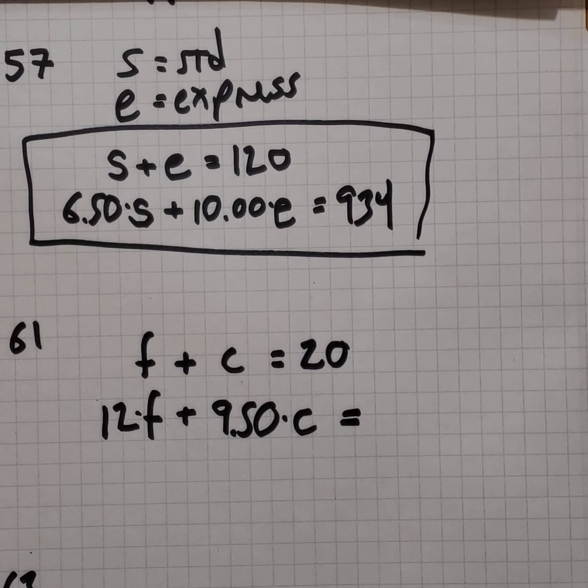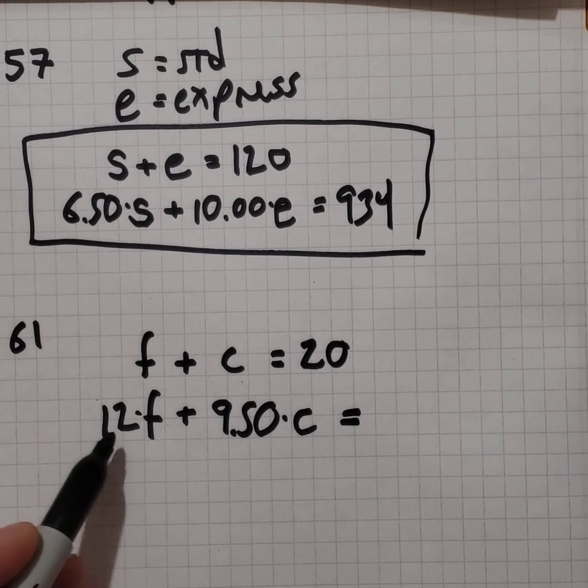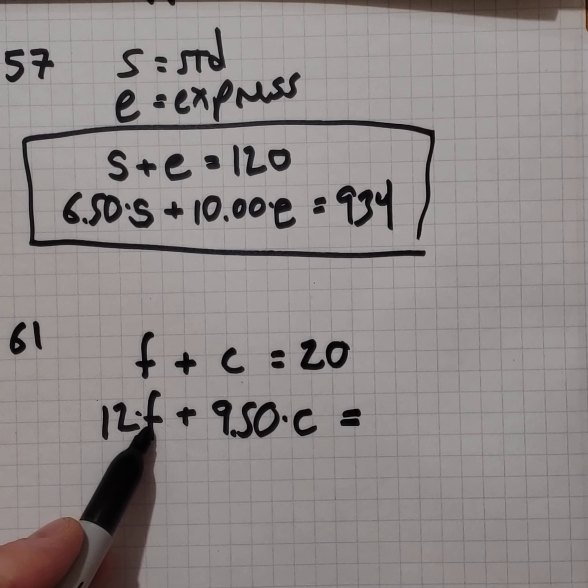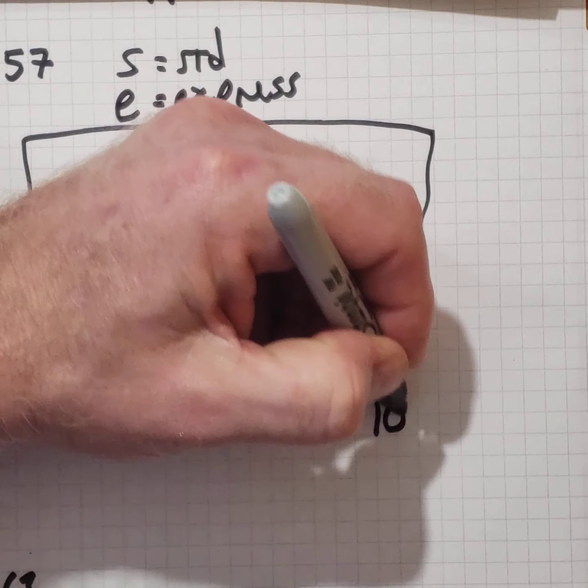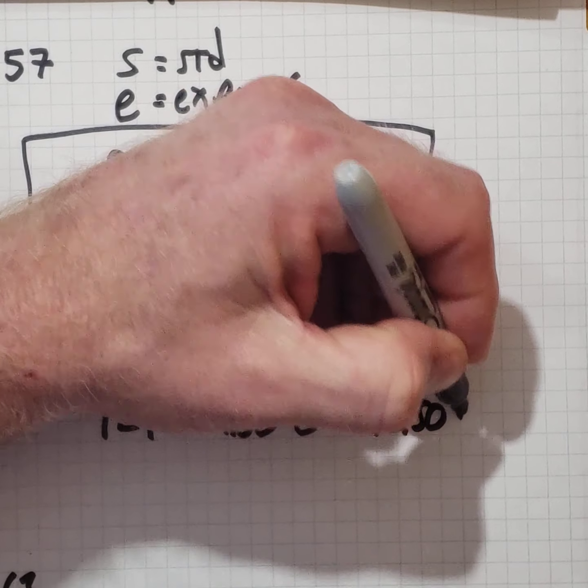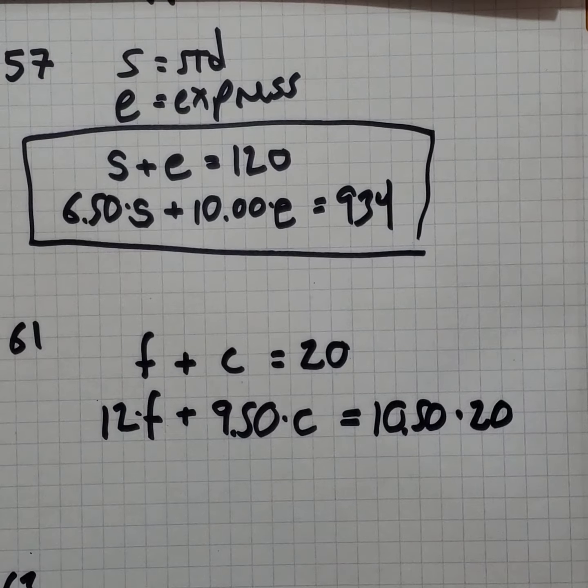Now you got to be careful with this one. The mixture that we ended up with is worth $10.50 a pound, but there are 20 pounds of it. Okay, so this is cost per pound times number of pounds, cost per pound times number of pounds. And then over here, we need 10.50 times the number of pounds. And that works out to be $210, I think.